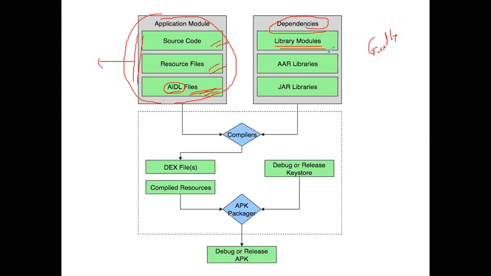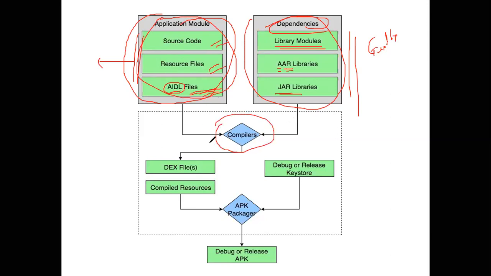Library dependencies as well as Android archive library dependencies and Java archive library dependencies will be resolved by your Gradle. After resolving these dependencies, then and only then will your application be compiled by the compilers.